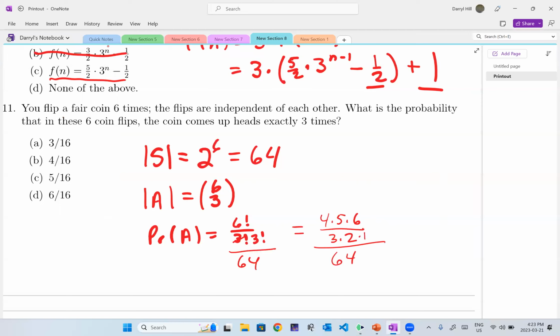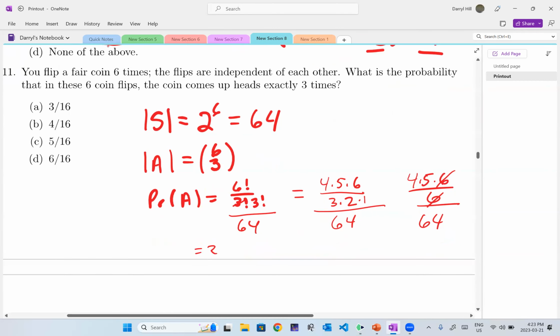I'm doing this in a lot of extra detail. So this is 6, this gets canceled out, and I'm left with 20 over 64. Or, more accurately, I can cancel this 4 with the 4 from here. So 64 divided by 4 is 16. It should be 5 over 16. If you have a calculator, which you're allowed to have, you can just punch it in also. So the answer here is C.